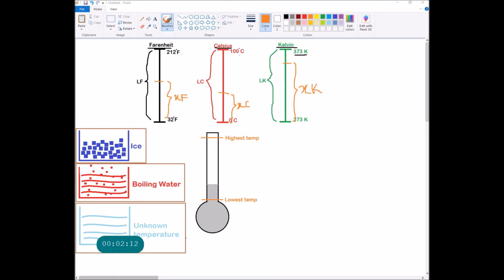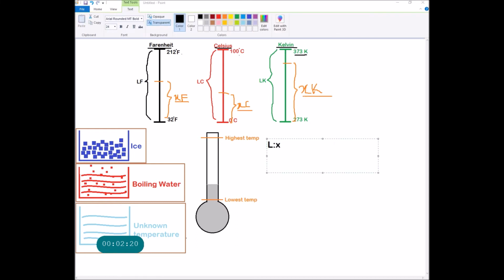Let us call these three different readings on the three different scales XF, XC and XK. To find out the relation between these three temperatures, we must always take their ratios. That is, LF is to XF, which equals LC is to XC, which again equals LK is to XK.